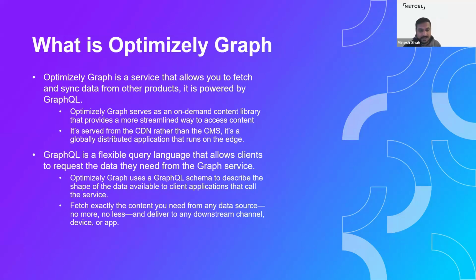Originally, GraphQL was developed by Facebook back in 2012, and I think they went open source in 2015. Their main reason for doing a system like this was that they had loads of APIs tailored towards web applications. They didn't really have a focus on native apps or any other ways of distributing or fetching that content to other channels.